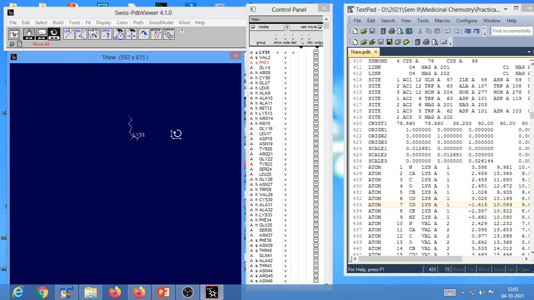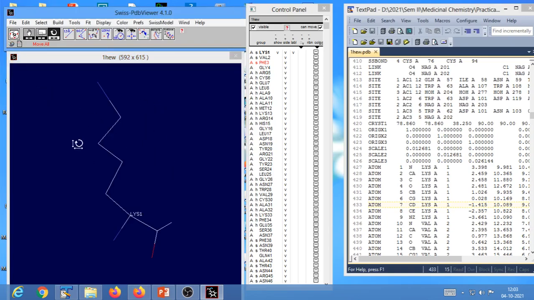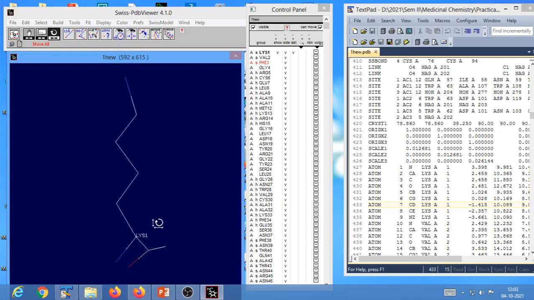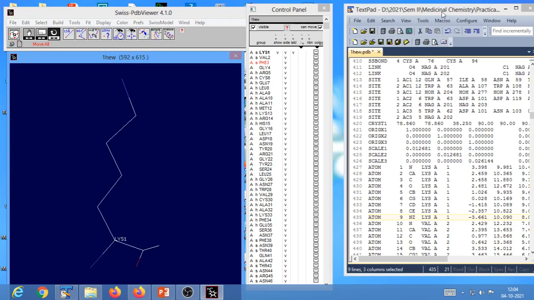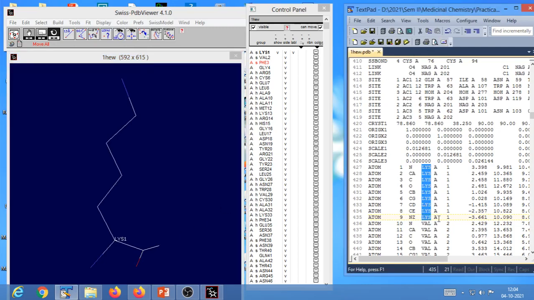So let us zoom in on this lysine molecule. In this way, you have labeled this much portion of your PDB file. What you are visualizing over here is the structural data that is represented from line number 427 till line number 435.